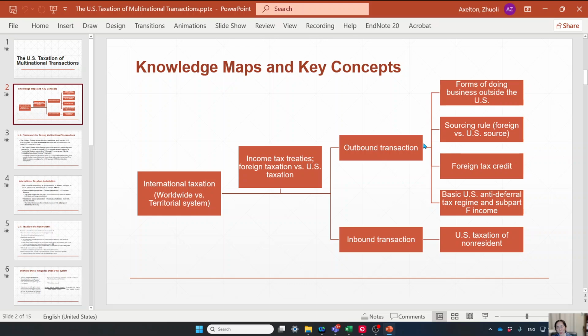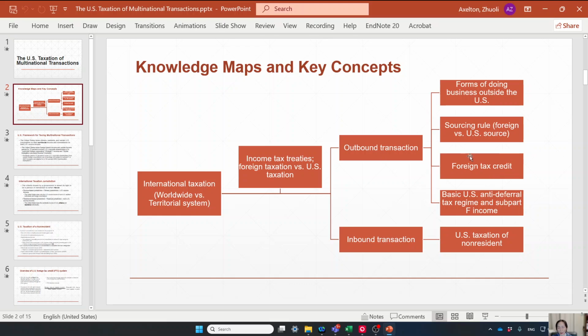So what it comes down to is, how do we eliminate or mitigate this double taxation issue for outbound transactions? This will be the focus of this chapter.